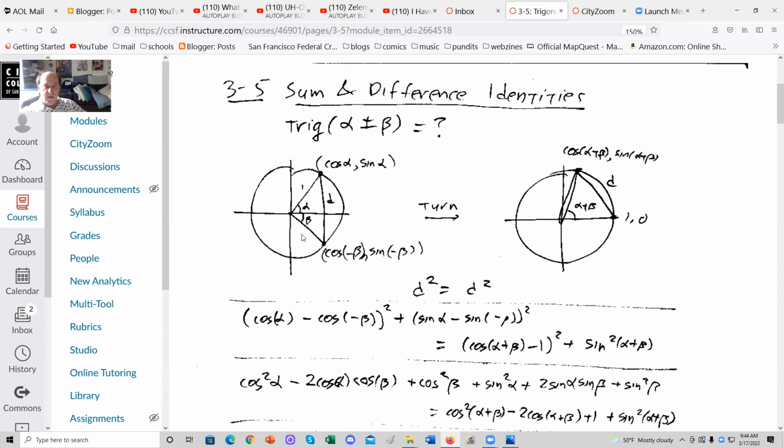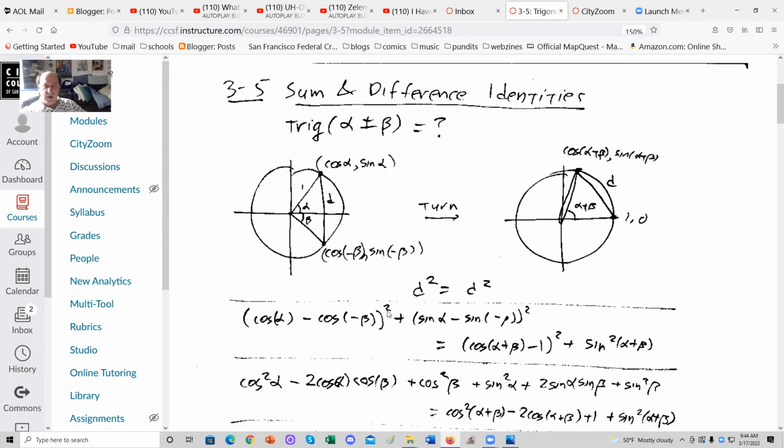So that's cosine alpha minus cosine negative beta, all that squared, plus sine alpha minus sine of negative beta squared. That's d squared on this side. Here, d squared will be cosine of alpha plus beta minus 1 all squared, plus sine alpha plus beta minus 0 all squared.